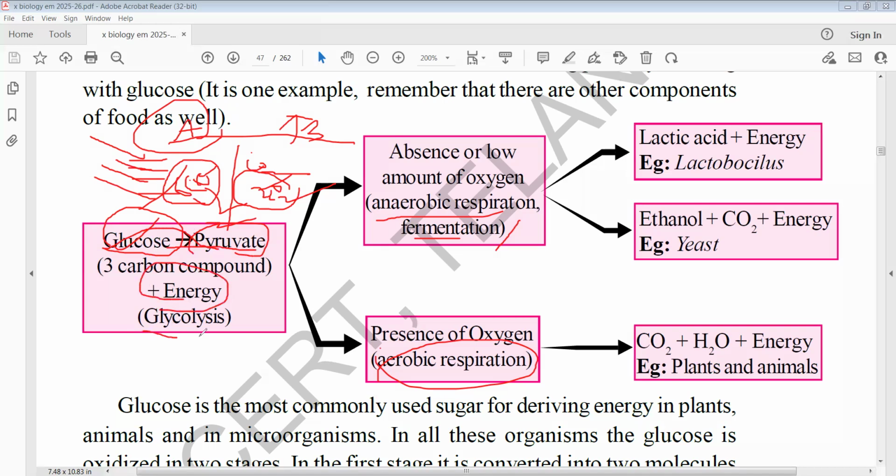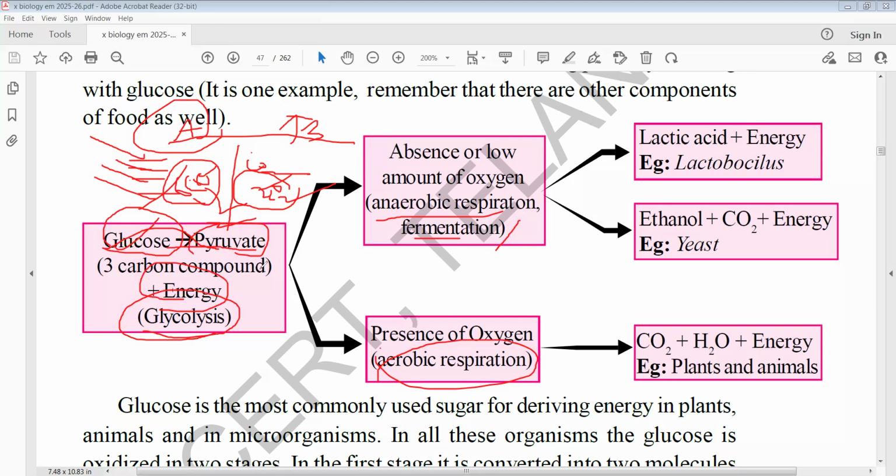That process is called glycolysis. Glycolysis is nothing but the breakdown of the glucose molecule. This glycolysis takes place in both conditions: presence of oxygen and absence of oxygen.